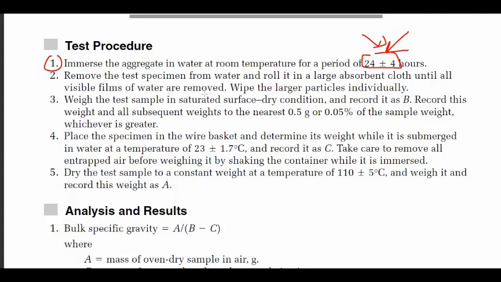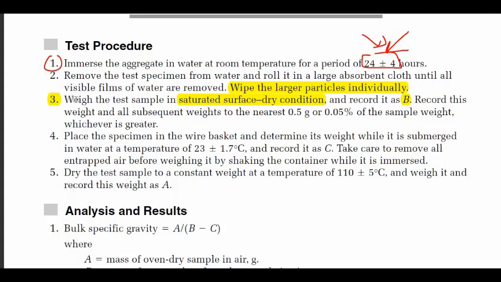As we said that we are like drying up the sample, so we need to remove the test specimen from water and roll it in large absorbent cloth, and for the larger particles try to wipe them individually. And step 3, we are going to weigh the test sample in saturated surface dry condition, as we said, and record it as B. So we're going to give this the variable B. Record this weight and all subsequent weights to the nearest 0.5 g or 0.05% of the sample weight, whichever is greater.